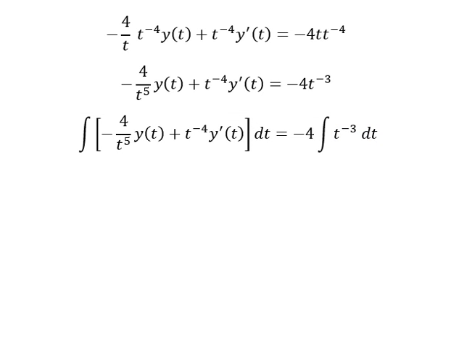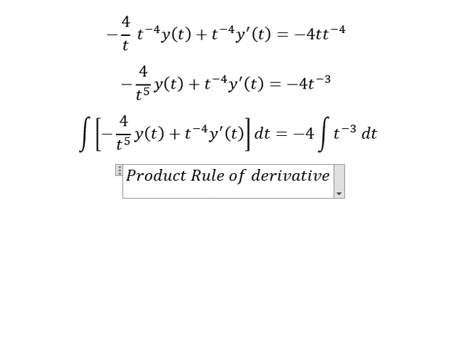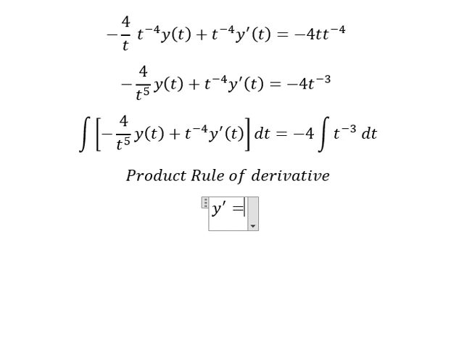So we can apply the product rule of the derivative. So we have the first derivative of y equals the first derivative of a multiplied by b plus the first derivative of b multiplied by a.